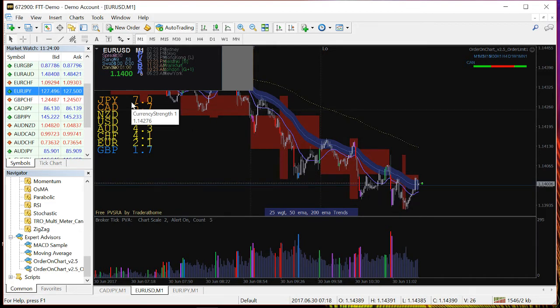What happens here is that I'm looking to spot pairs that have a difference: a very strong currency played against a very weak currency. So let's locate Euro Dollar. The dollar is 5.1, and the euro is 2.3.